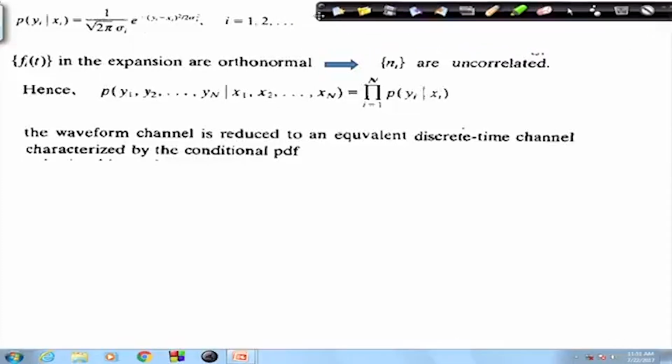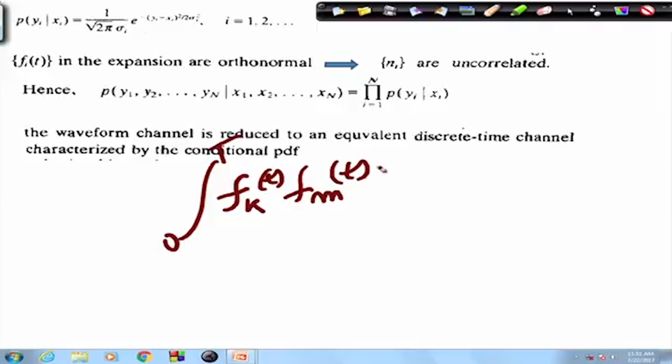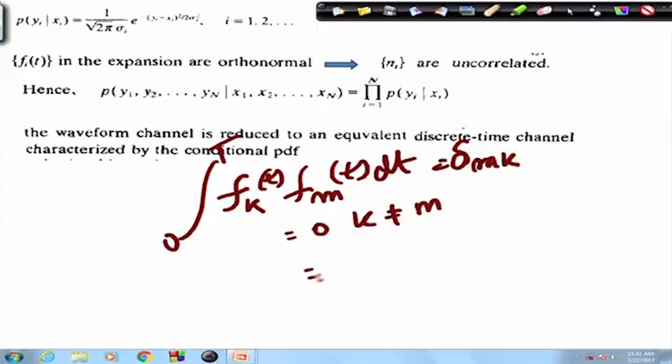Now, in such conditions, because these f_k's are orthogonal, what we found is that it is important to write it as delta_mk, which equals 0 for k not equal to m, right. This is the whole thing.